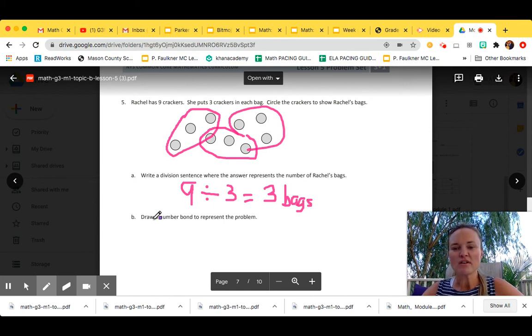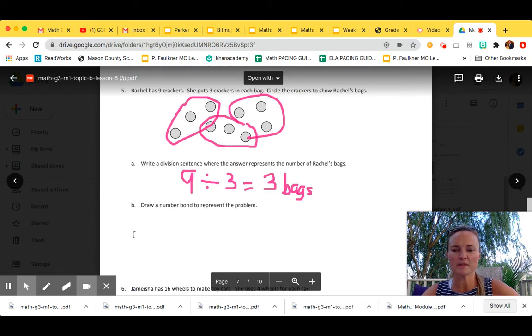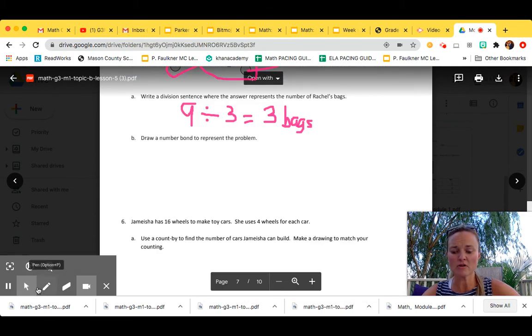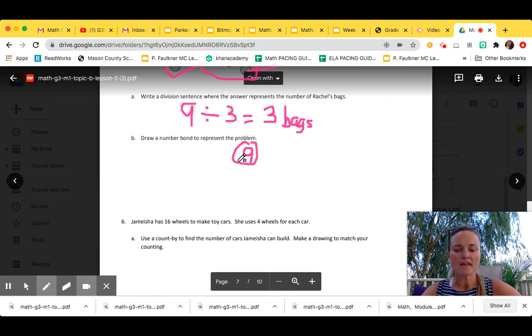Letter B, draw a number bond to represent the problem. So I'm going to move my paper down a little bit so that I may draw that number bond. So remember, in a number bond, the biggest number goes in the top circle. All right, so our biggest number here is going to be 9. And then we have to think, okay, well, we had 3 in each bag, and then we ended up with 3 groups.